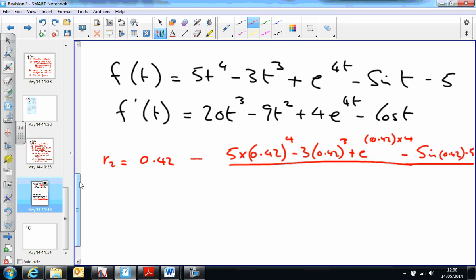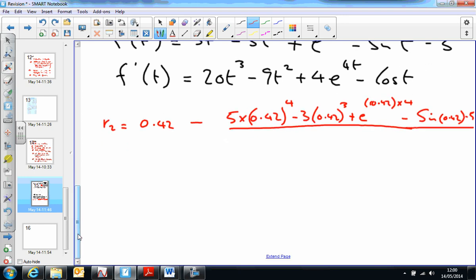There's a reason why it's worth putting the 0.42 in brackets that I'll show you in a minute. And write it exactly like this that I've done on the board, because that's what you're going to type into the calculator, divided by the differential: 20 times 0.42 cubed minus 9 times 0.42 squared plus 4e to the 4 times 0.42 minus cos 0.42.